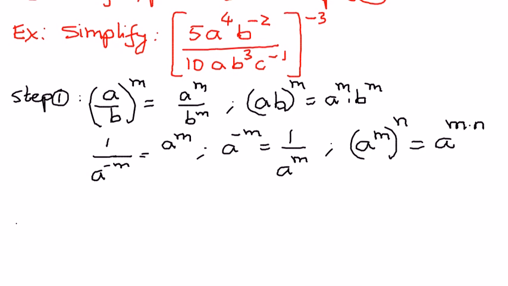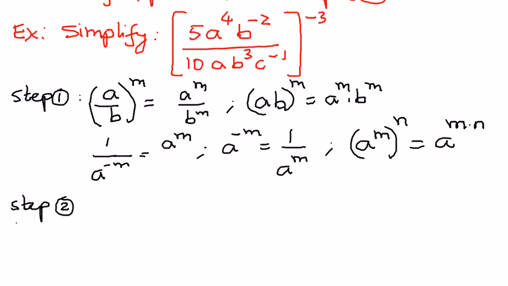So now let us see if we can apply these rules to be able to solve these problems. In here, we're going to first simplify the terms inside the parentheses, and then we will raise it to the power of -3.